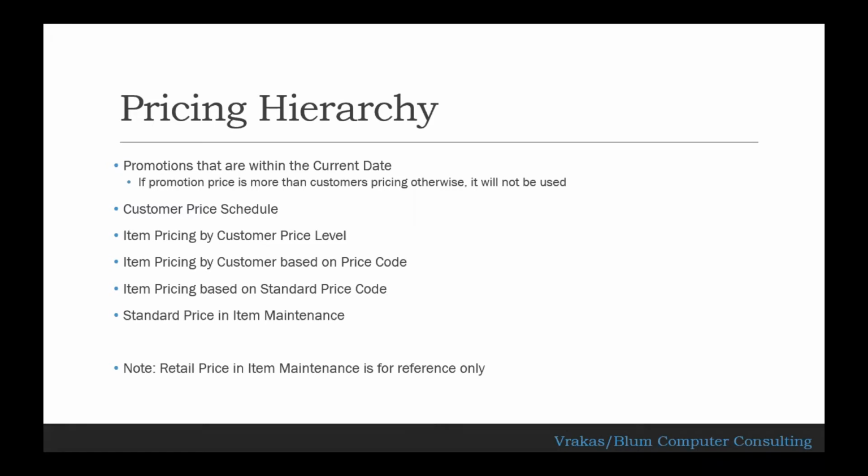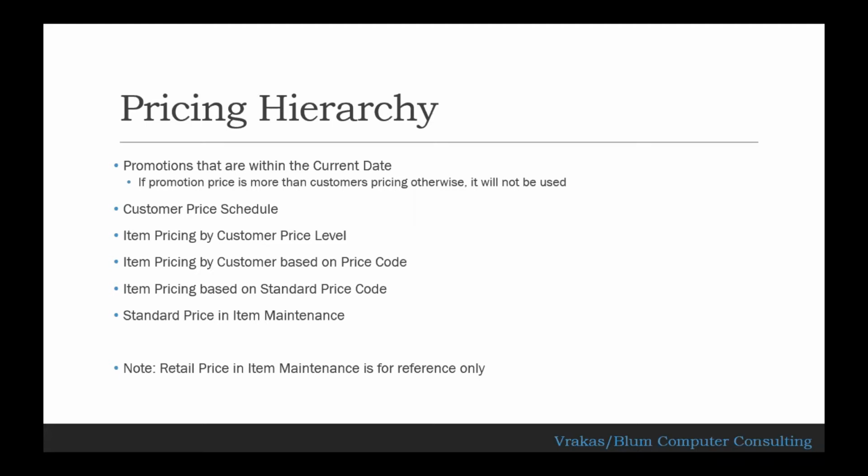The next level down from that, we have item pricing that's based on your standard price code. So we've got a price code where we say, maybe we've got some quantity breaks on this item, and that price code, which is assigned to the item, says, for standard price, this is what we're going to get. And then again, we end with that standard price in item maintenance.